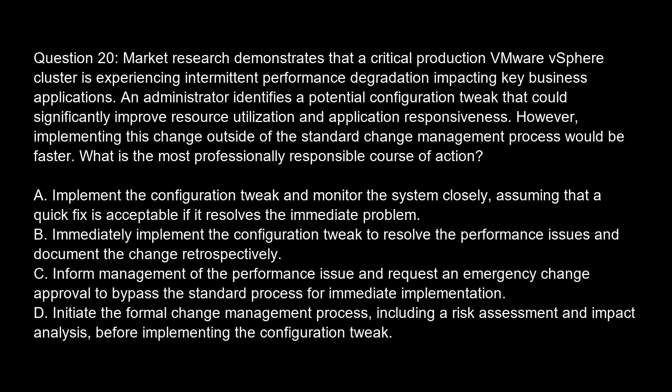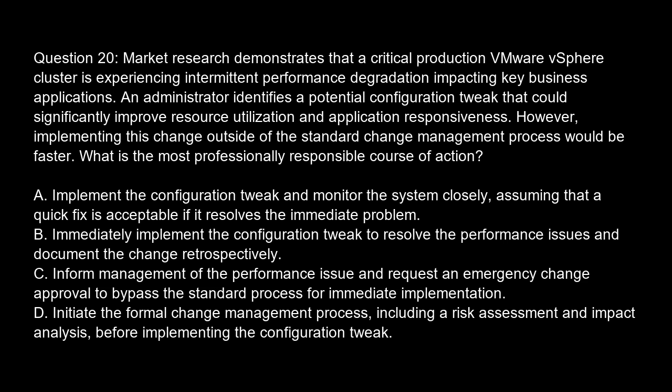Option A. Implement the configuration tweak and monitor the system closely, assuming that a quick fix is acceptable if it resolves the immediate problem. Option B. Immediately implement the configuration tweak to resolve the performance issues and document the change retrospectively. Option C. Inform management of the performance issue and request an emergency change approval to bypass the standard process for immediate implementation.